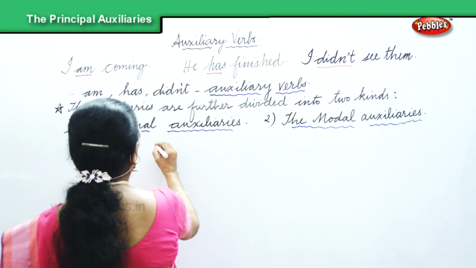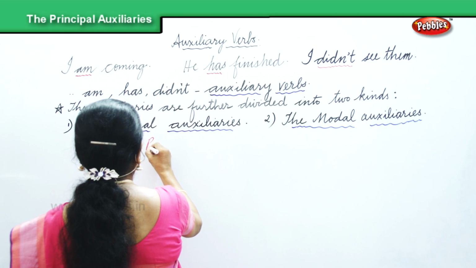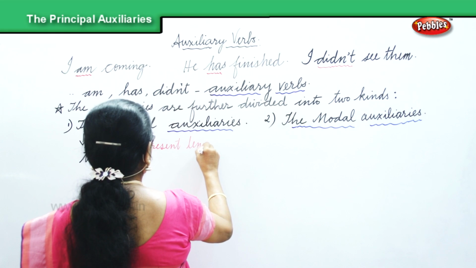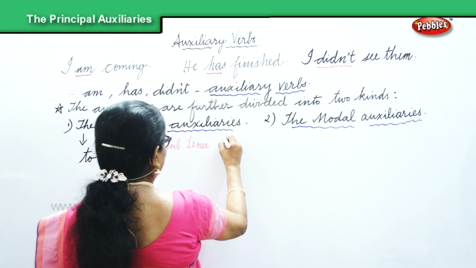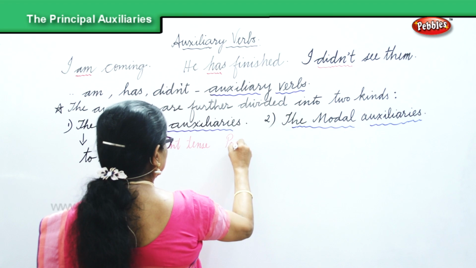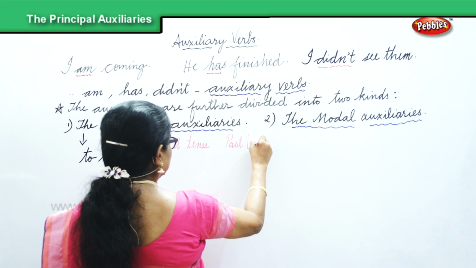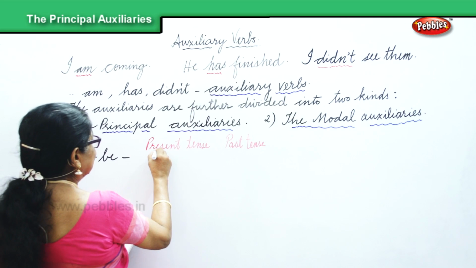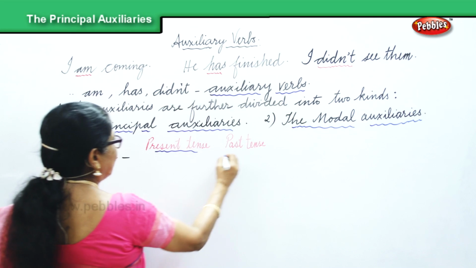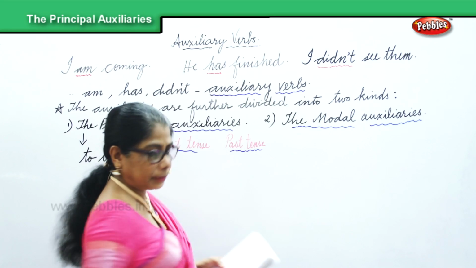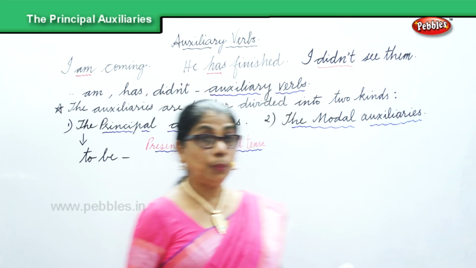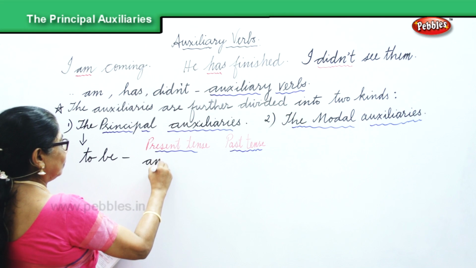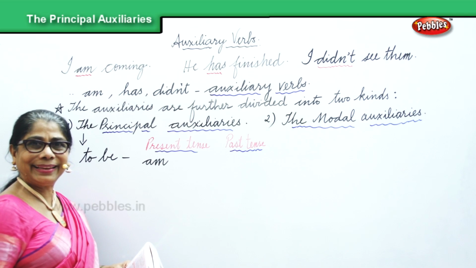In the present tense, we have present tense and we also have past tense. Now let's look at the principal auxiliaries in the present tense when we look at the to be verbs. Okay, that's what we are going to do. When you say to be verbs in the present, we are talking about am. I am coming.